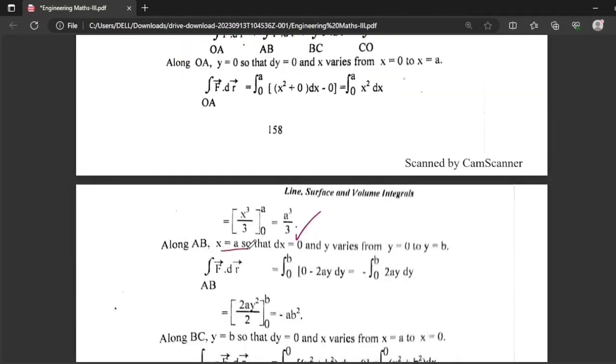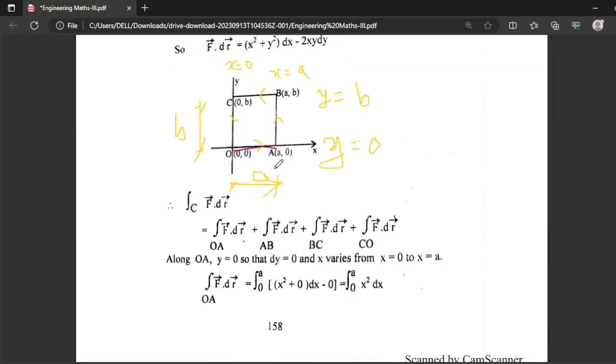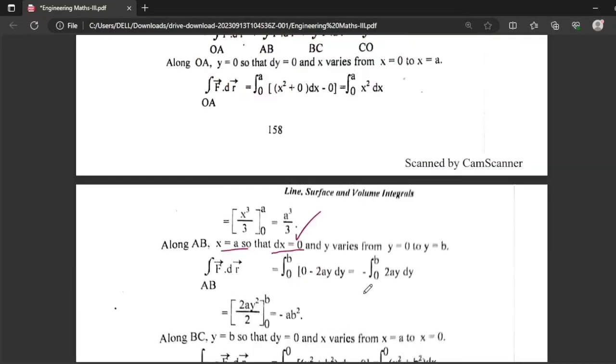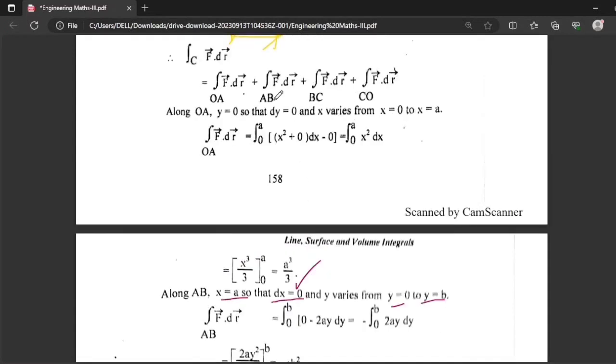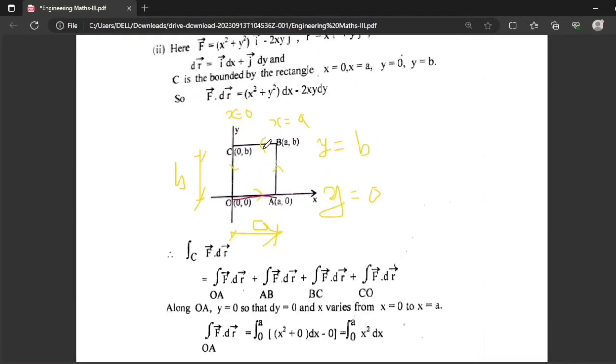So x is a all over the line, so change in x is 0, so dx equals 0, and y varies from 0 to b. As dx is 0, 0 multiplied by something is 0, so this whole term is 0, leaving behind minus 2xy dy.